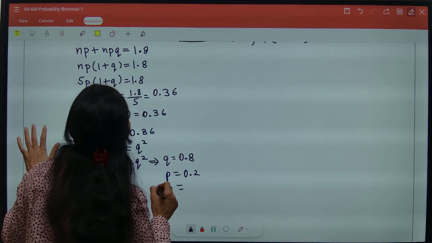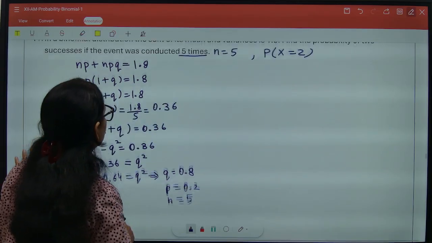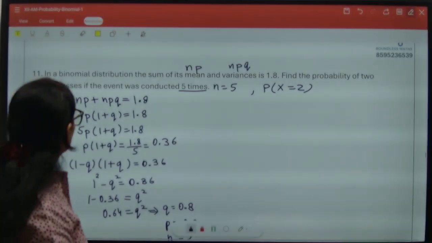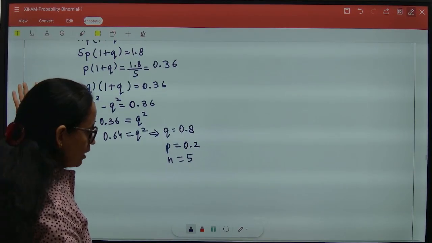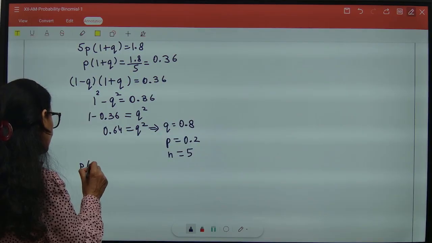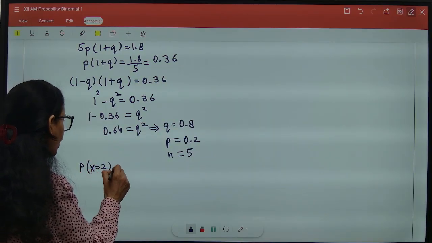And the number of trials is given, that is 5. And we need to find the probability of two successes. So we need to find the probability of r being 2.